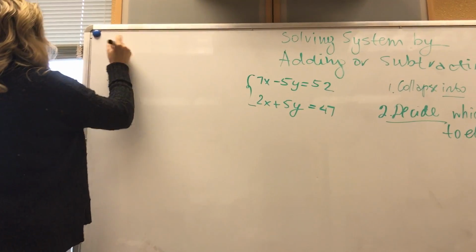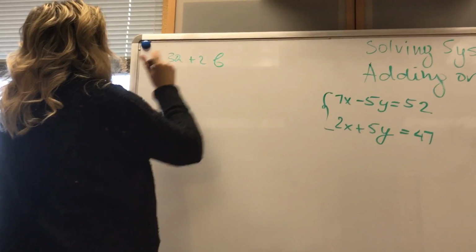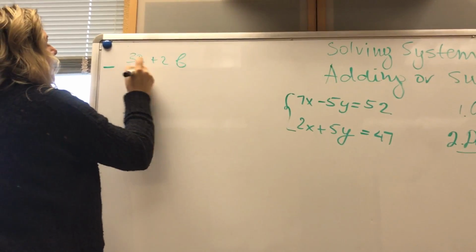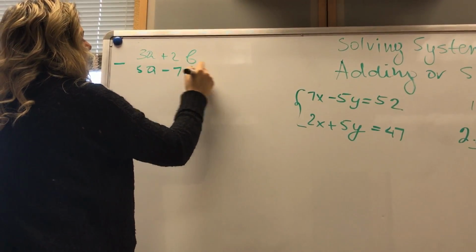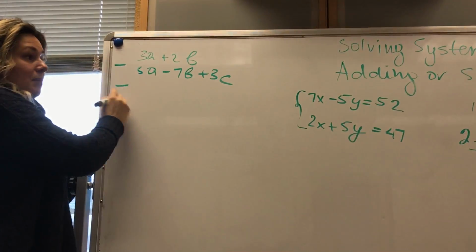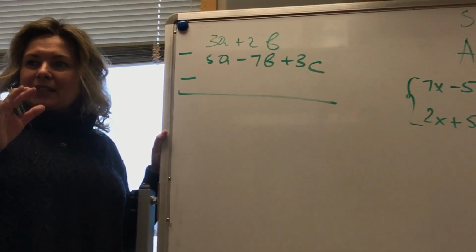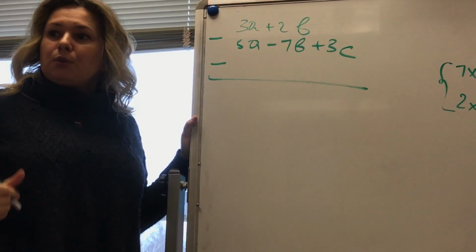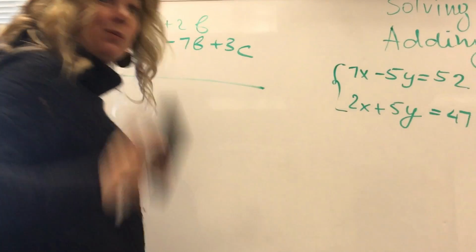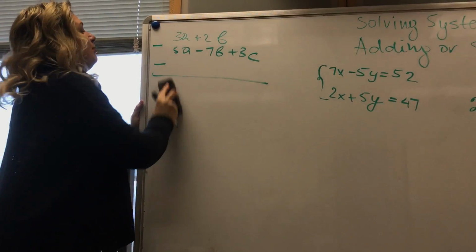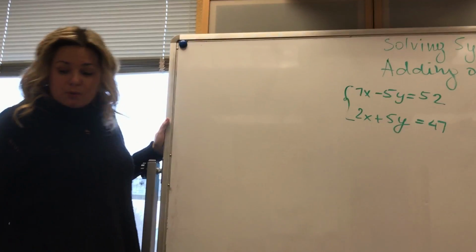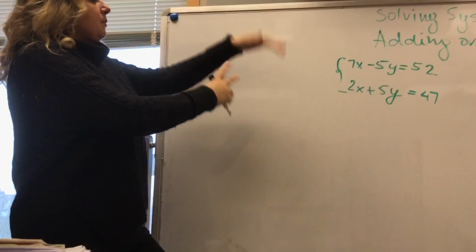Like 3a plus 2b and then minus 5a minus 7b plus 3c. Some of you didn't like it, and I said be aware of the signs. That's why you started it, so that you would get to this point. So we are going to be working vertically with these.